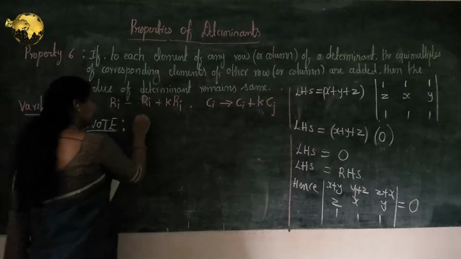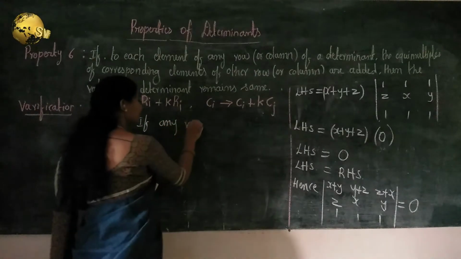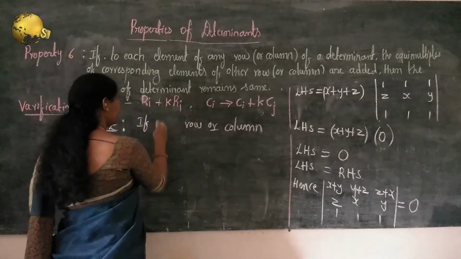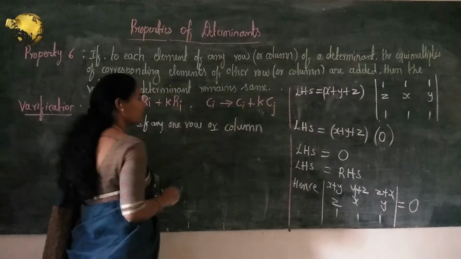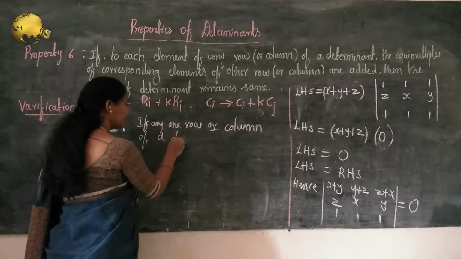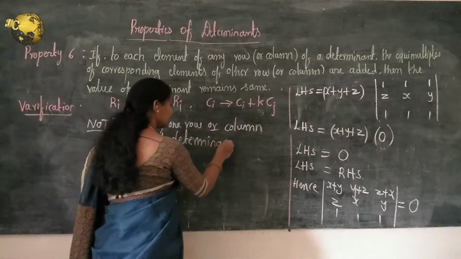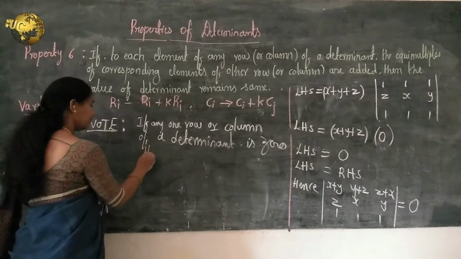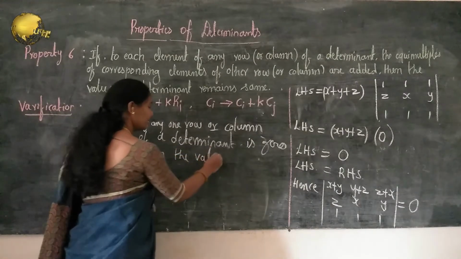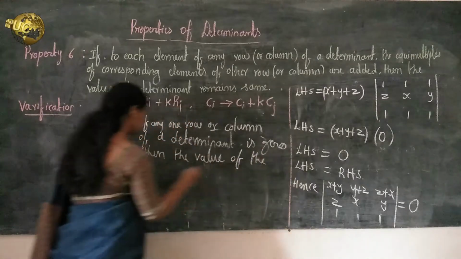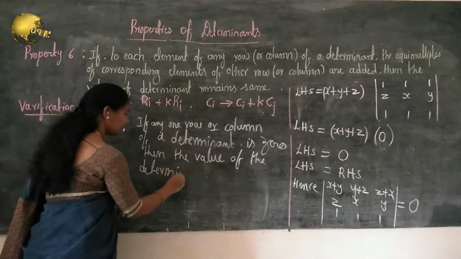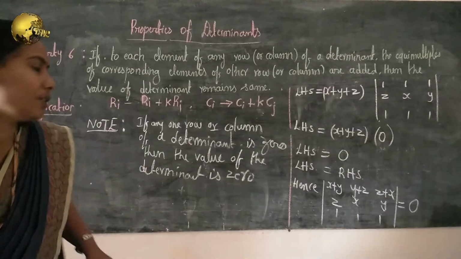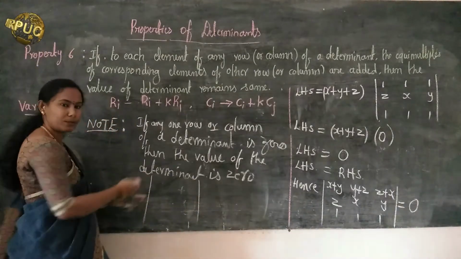That means if any one row or column of a determinant is 0, then the value of the determinant is 0.